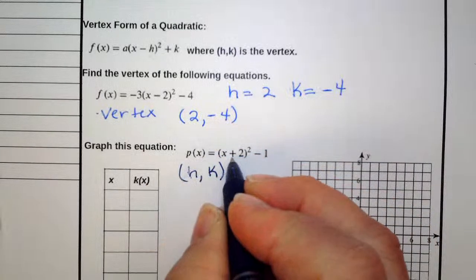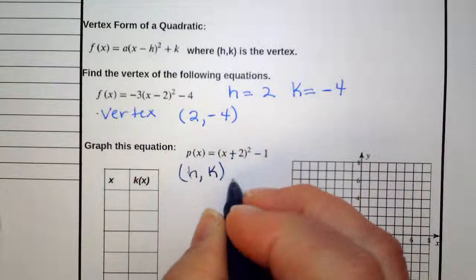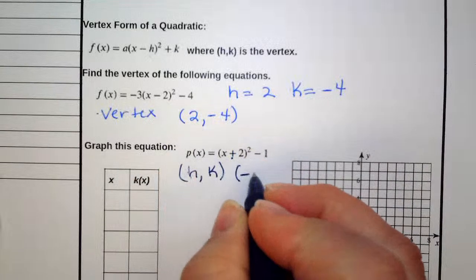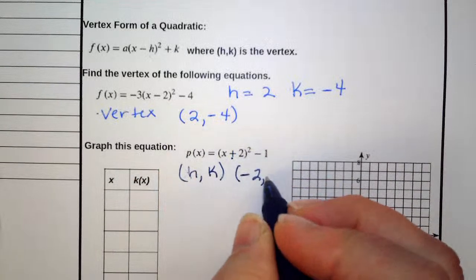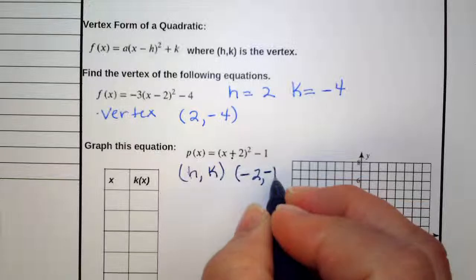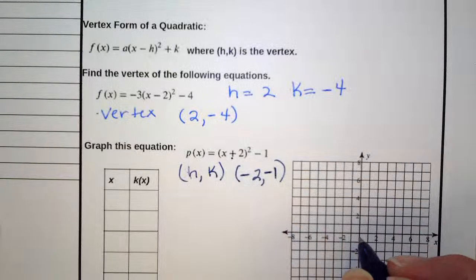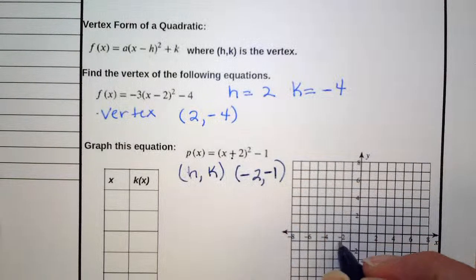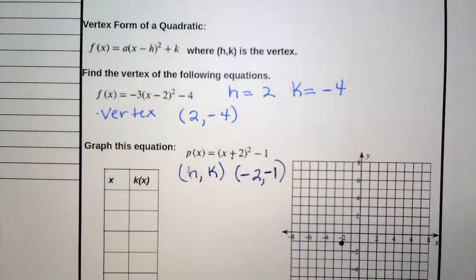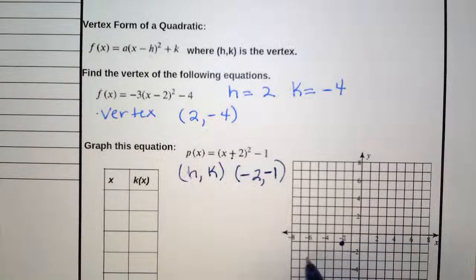So this should be x minus, but it's plus. So that tells me my h is going to be -2. My k is going to be -1. So -2, -1 is right here. So I can go either way and use those numbers to find another point.